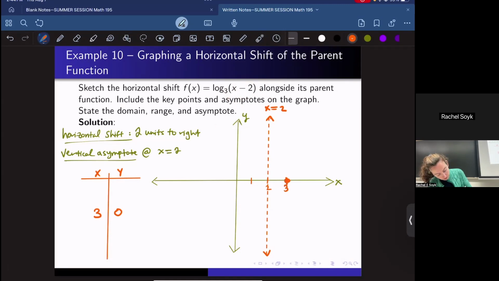Then from there, we can pretty much sketch it out, right? We have log base 3 of x, so this is going to be approaching infinity, and this is going to be approaching 0.